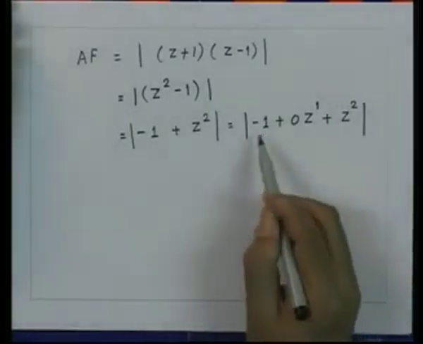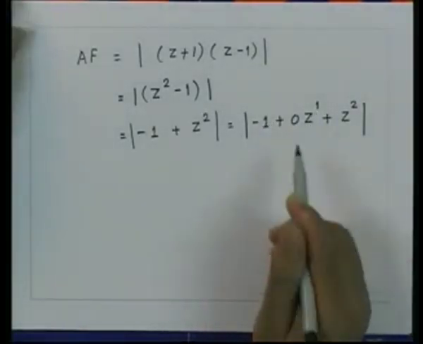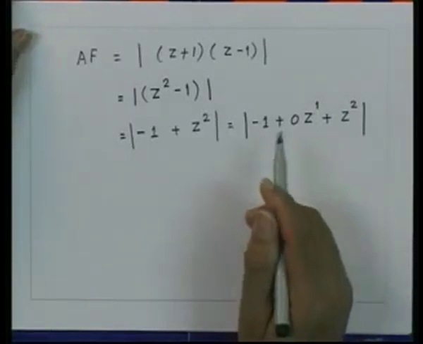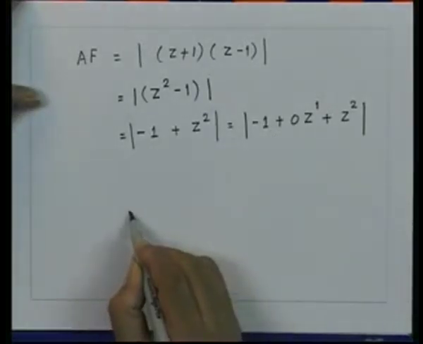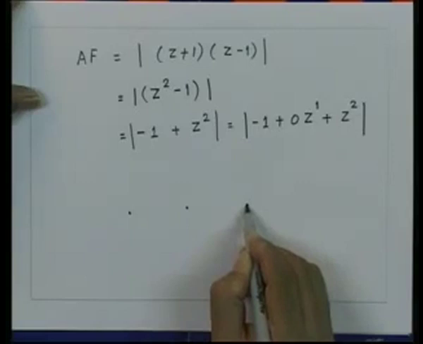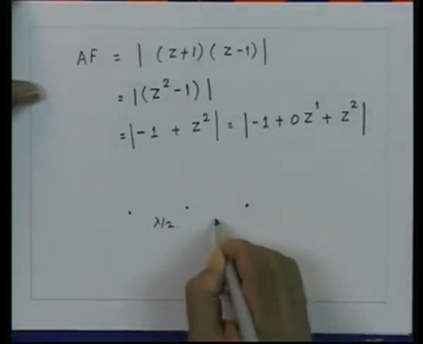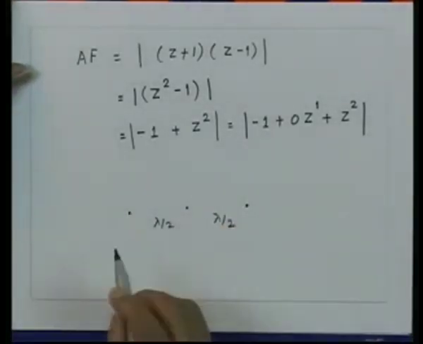So, the coefficients of the powers of z define the excitation of the current for the array element. So, we have these 3 elements now which are here. The inter element spacing we have taken is lambda by 2. So, this current is -1.